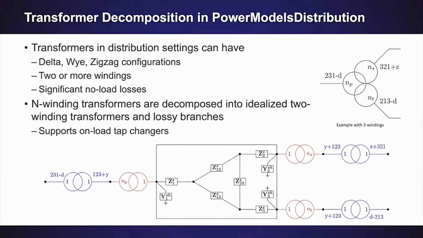Therefore, we have included a decomposition model where we break down multiphase, n-winding transformers into ideal 2-winding lossless transformers and build a loss model from impedance branches to account for the no-load losses. So on this slide, we show an example of a 3-winding transformer with delta configurations and a zigzag configuration that are decomposed down into these ideal transformers and loss model.